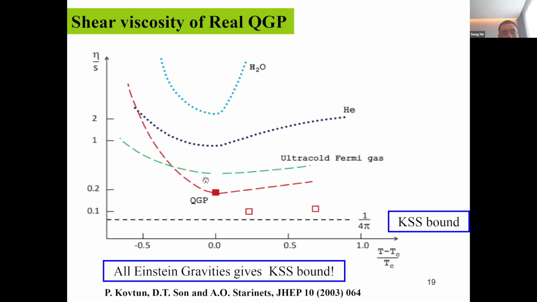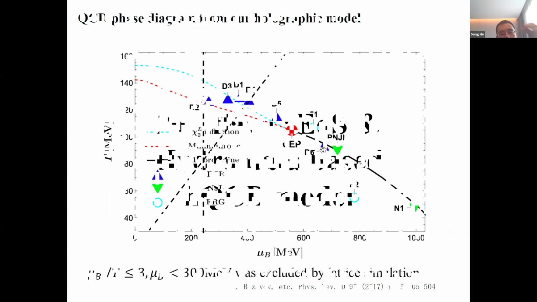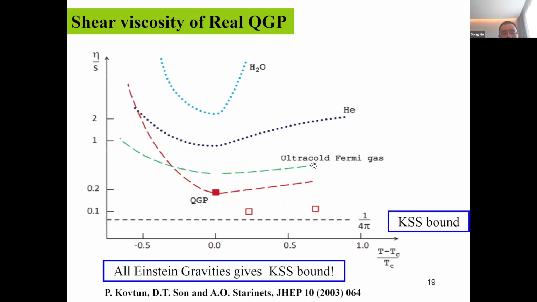It's not as predictable as in the previous holographic QCD model. Previously we just captured the most important equation of state, and we have to incorporate the hadron data. So that is the main new sense.